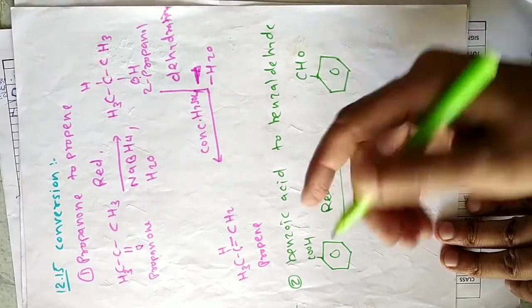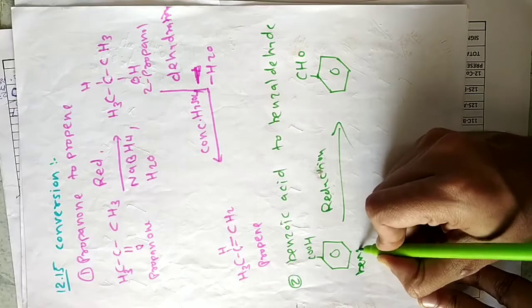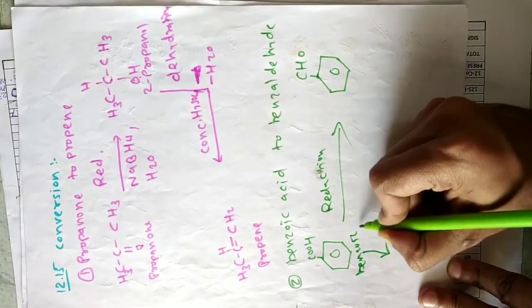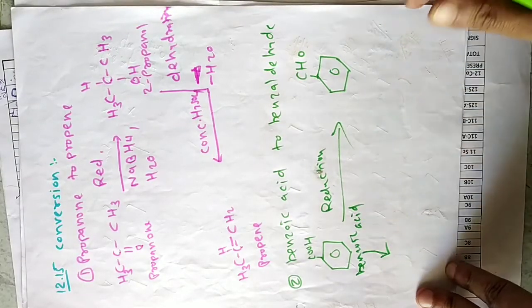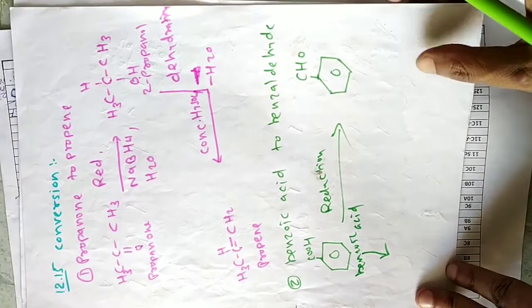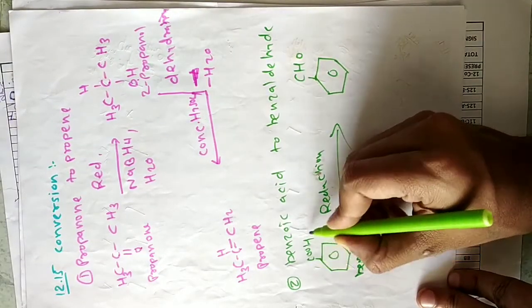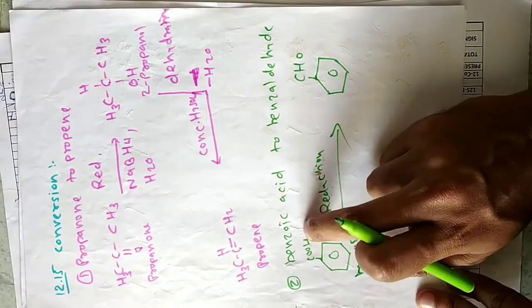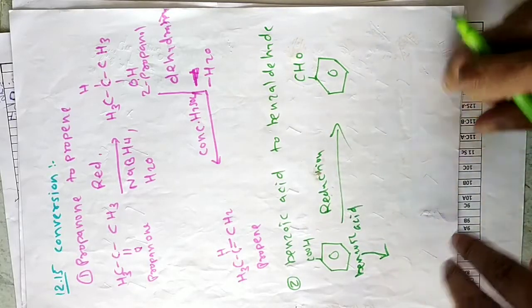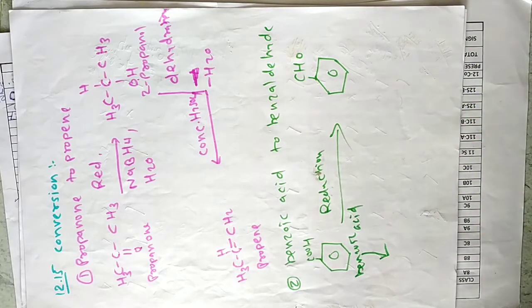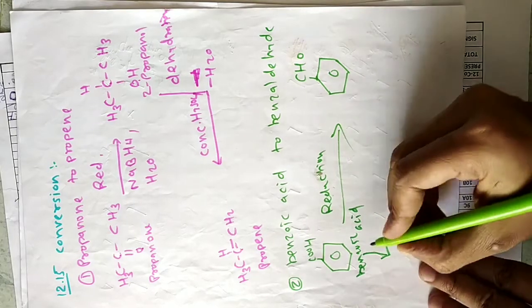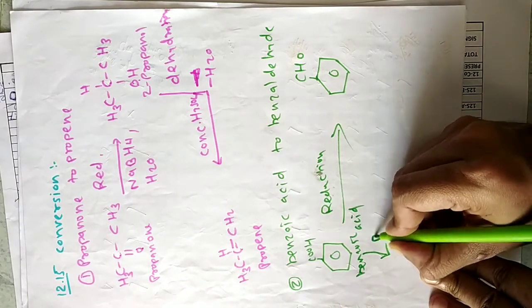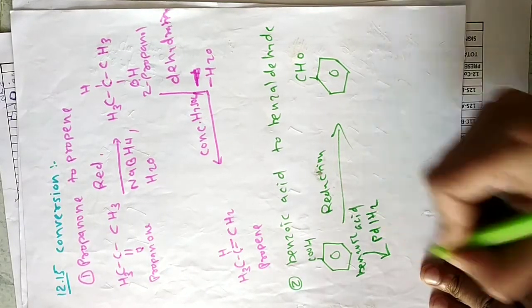So what I am going to do, this one is our benzoic acid. When it undergoes a reduction reaction, an acid group is there. For reduction of an acid group, I need a strong reducing agent. NaBH4 will not work here. For that I am using palladium hydrogen.